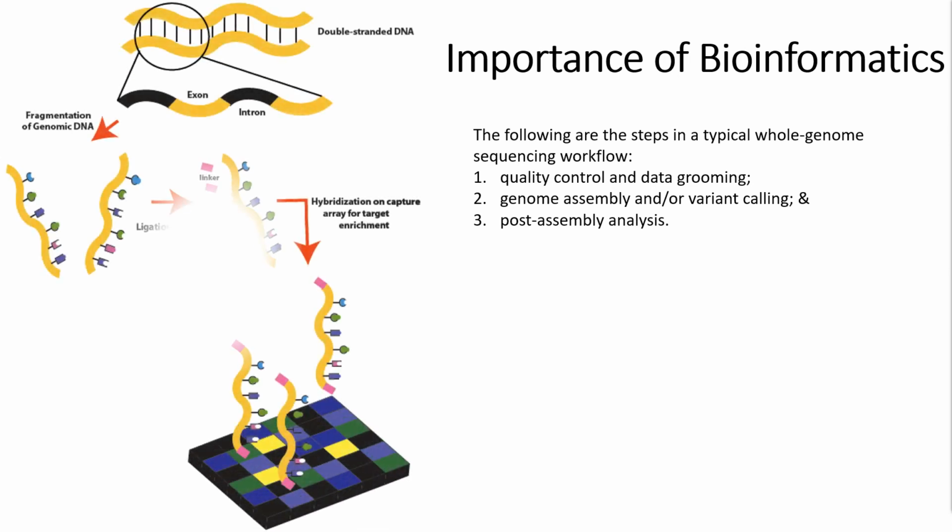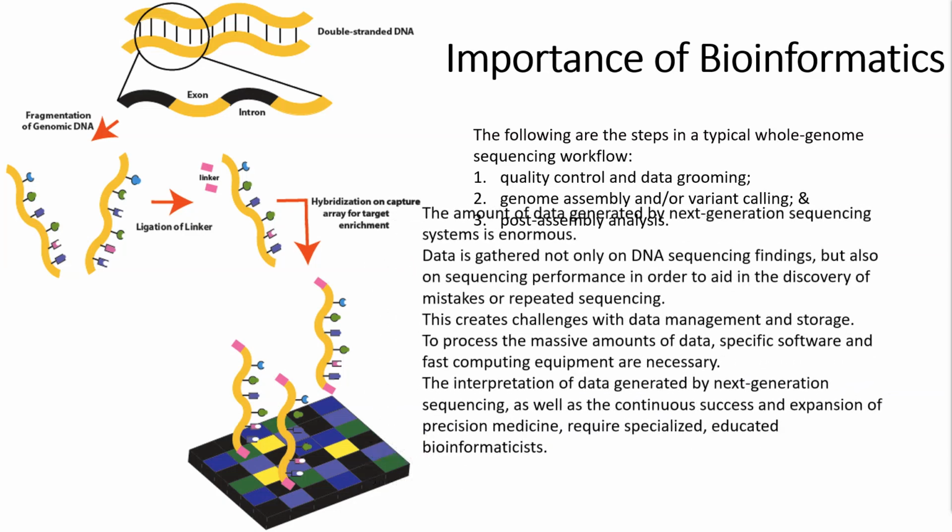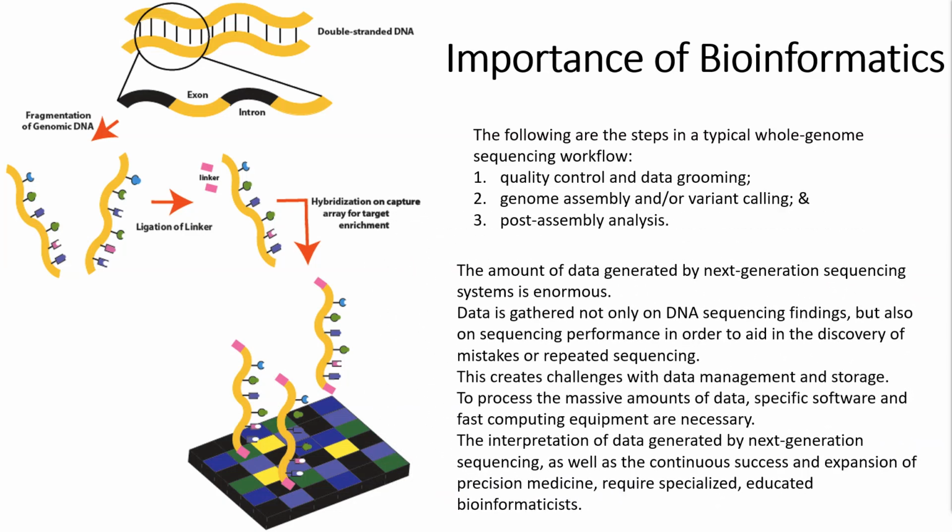The amount of data generated by next generation sequencing systems is enormous. Data is gathered not only on DNA sequencing findings but also on sequencing performance in order to aid in the discovery of mistakes or repeated sequencing. Now, you see, human error can be anywhere. So, that's the solution to the human errors in biology.